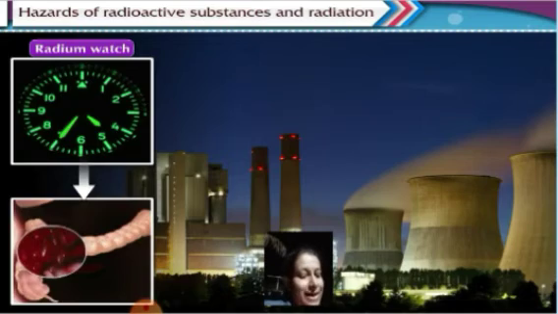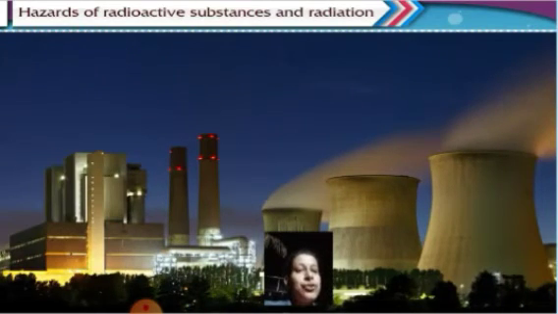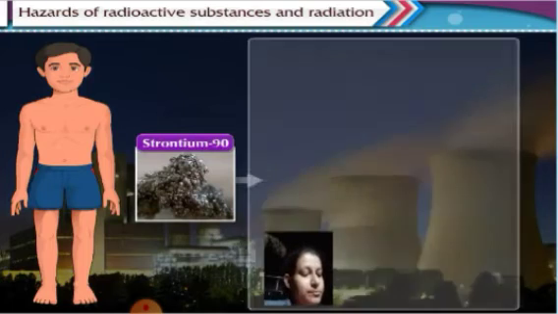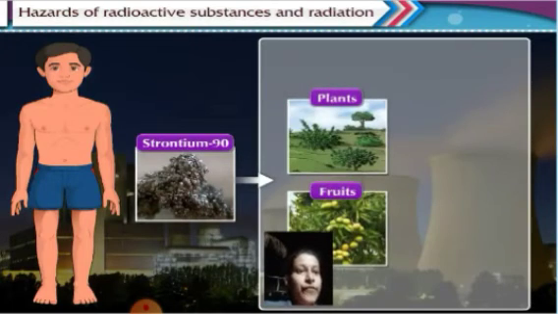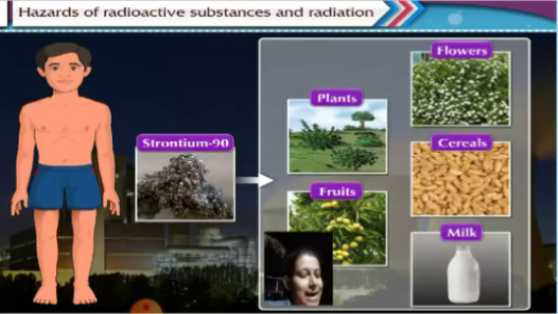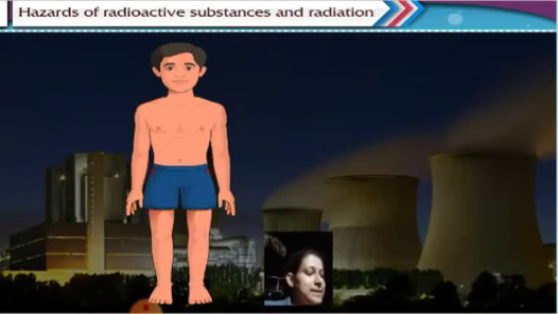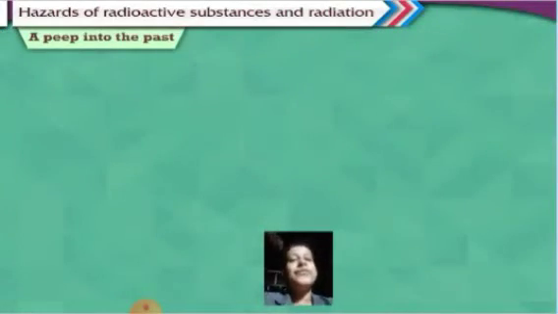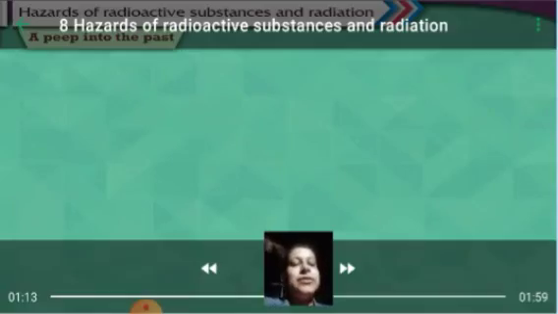Radioactive isotopes like strontium 90 can enter the body through plants, fruits, flowers, cereals, milk, etc., and cause diseases like bone cancer and leukemia. So these are some of the hazards of radioactive substances.